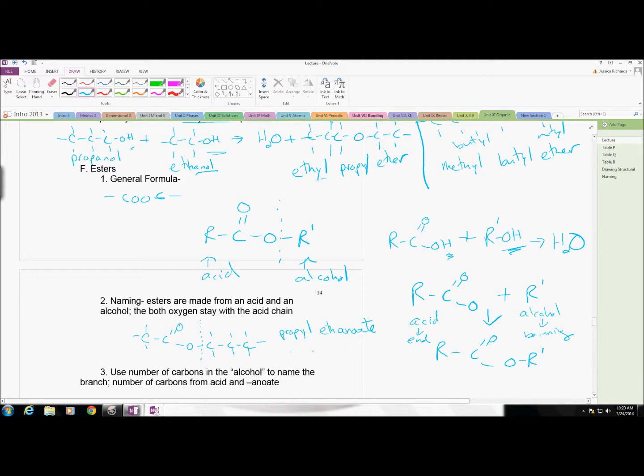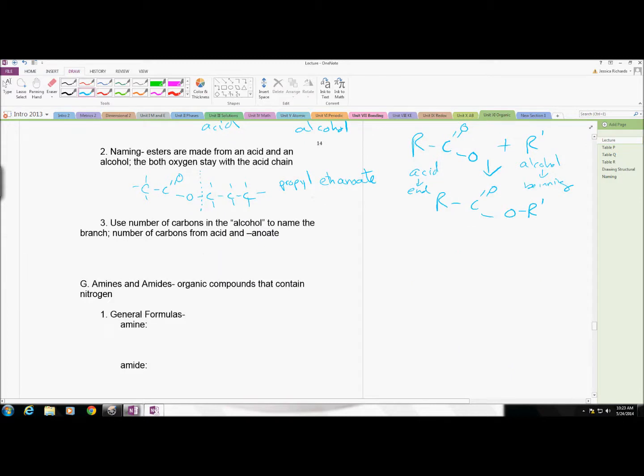So this is propyl ethanoate. We can go back and look at which alcohol and which acid esters were made from. Propyl ethanoate, the alcohol must have been propanol, and the acid must have been ethanoic acid.